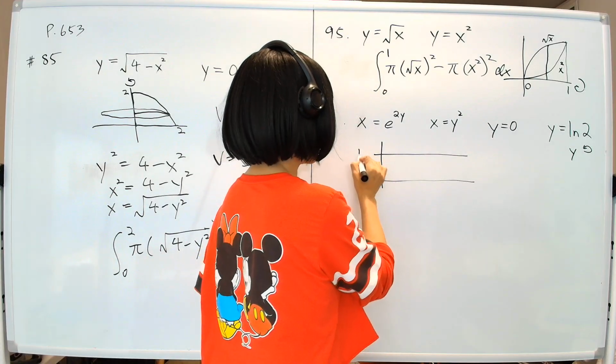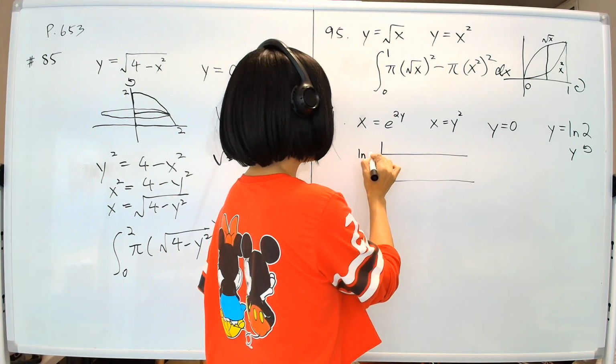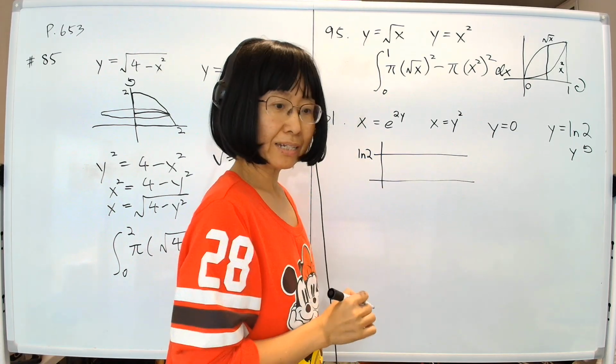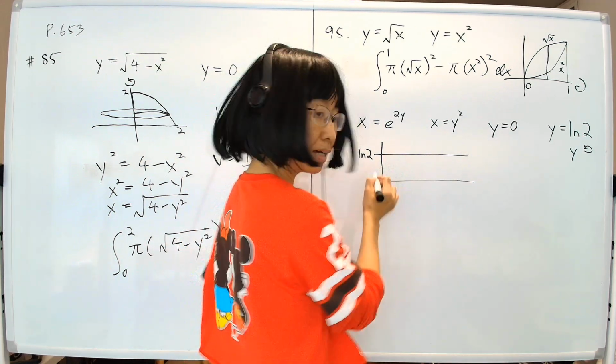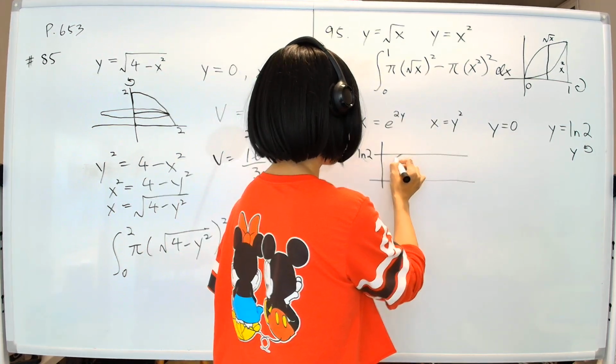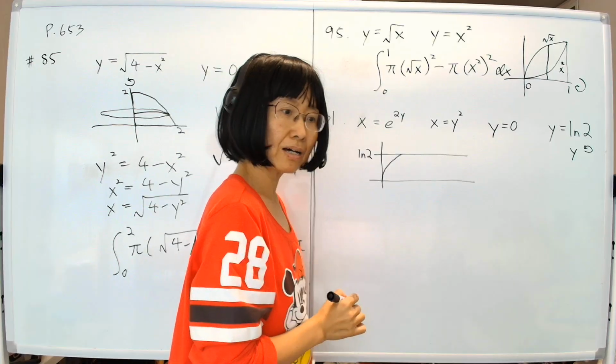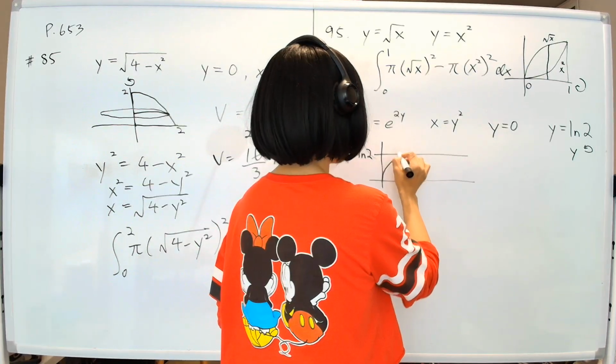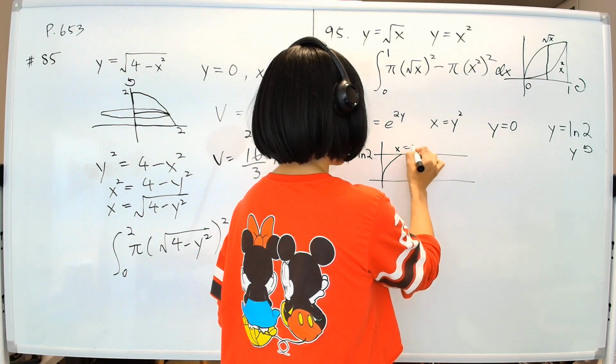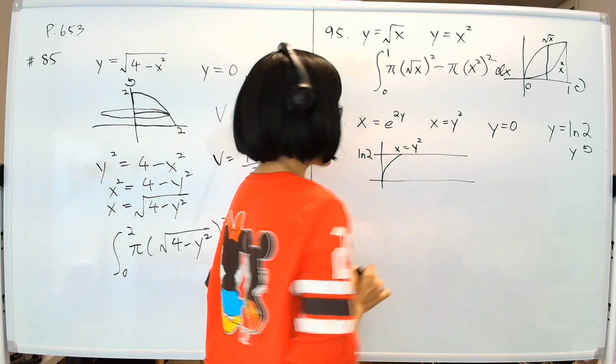That's y equal to natural log of 2. All right, so far so good. And one of the lines looks like this. This is the parabola, x equal to y squared. That refers to this line here.